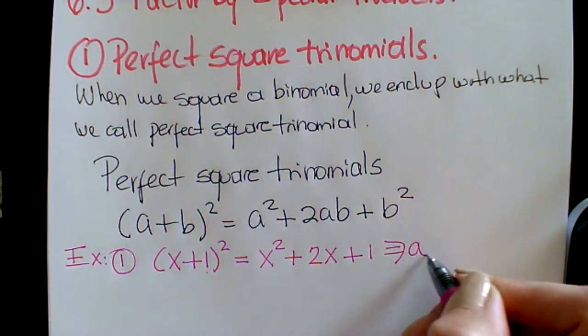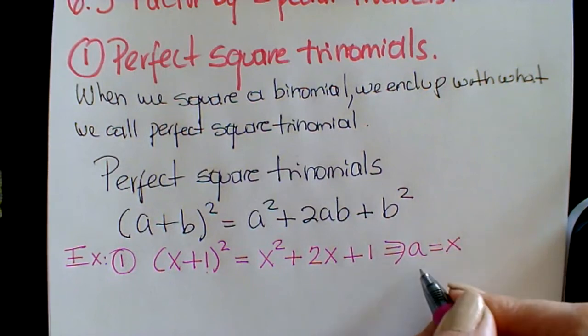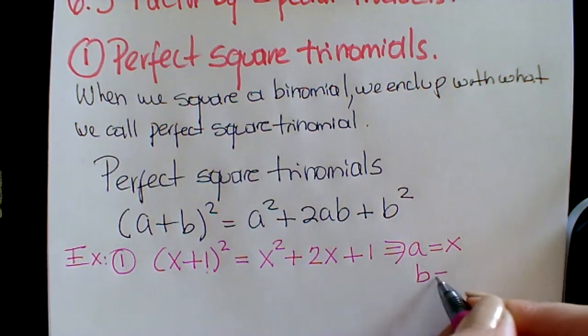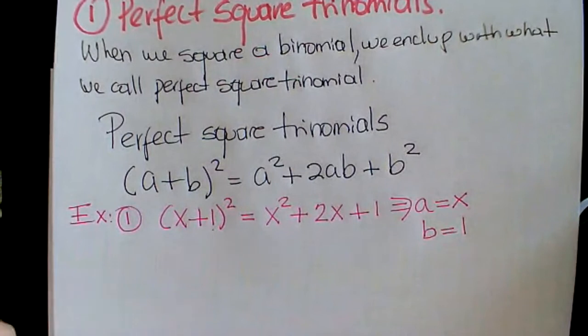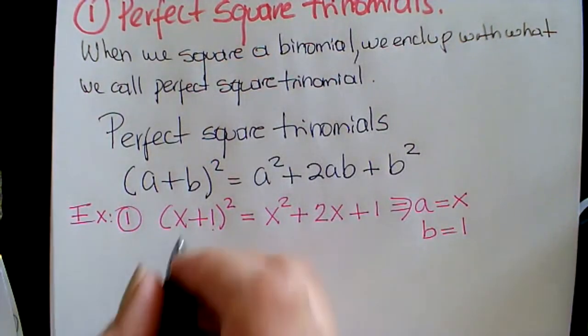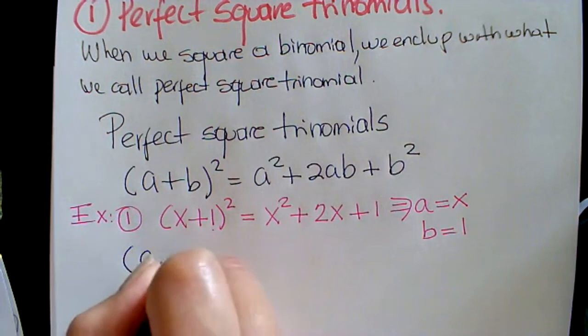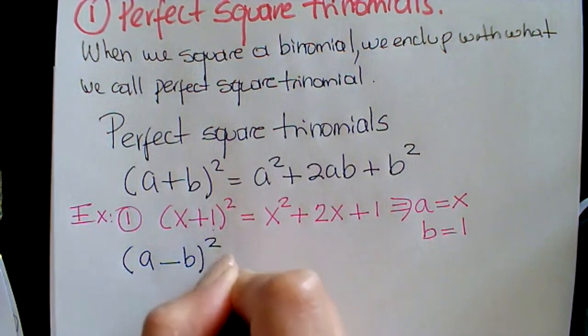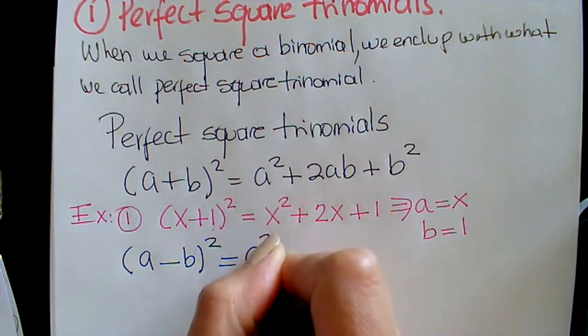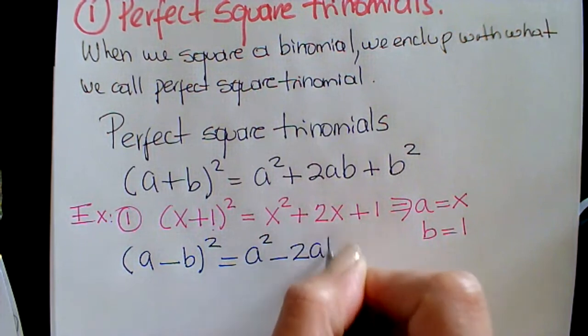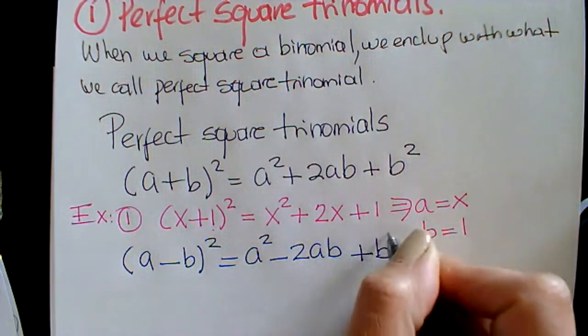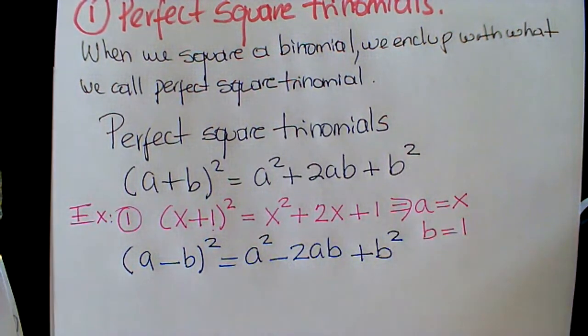And we know that if we had a negative, a minus b squared, so we're going to get a squared minus 2ab plus b squared. Okay?